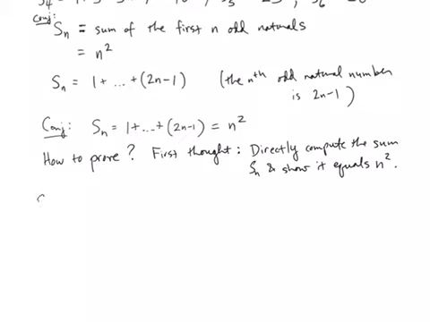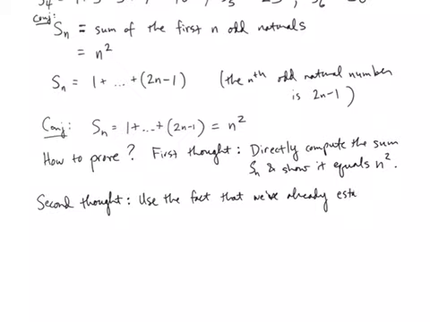So the second thought might be to use the fact that we've already established that Sn equals n squared for 1, 2, etc. up through 6. Right?